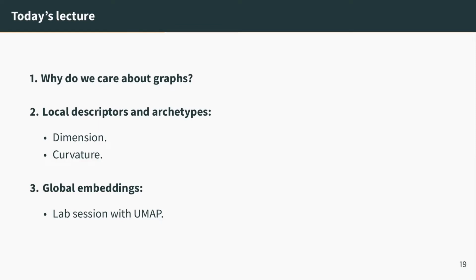And then once we have understood what's a graph and what is not a graph, we are going to understand that graphs are really not easy to work with at all. We are going to talk about local descriptors and archetypes that can provide us with some intuition about those metric spaces. So we're going to talk about dimension and curvature and see what the ideal metric spaces are that people think about when researchers talk about graphs.